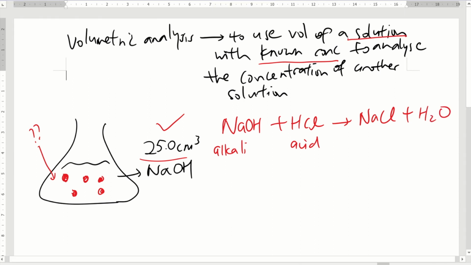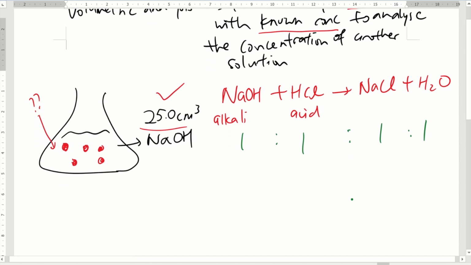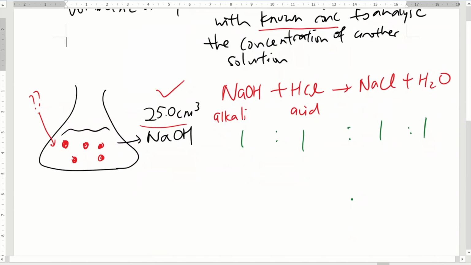So the mole ratio here is 1 to 1 to 1 to 1. I want to analyze my NaOH, so I will need to use a solution with known concentration. For NaOH, there is 25 cm cube of it.